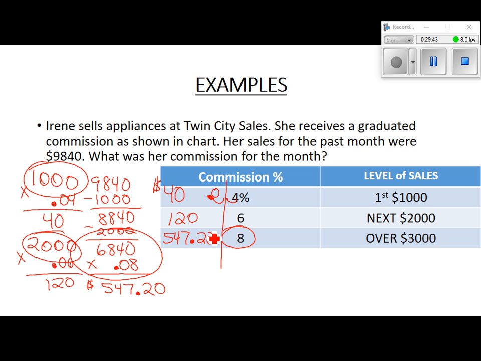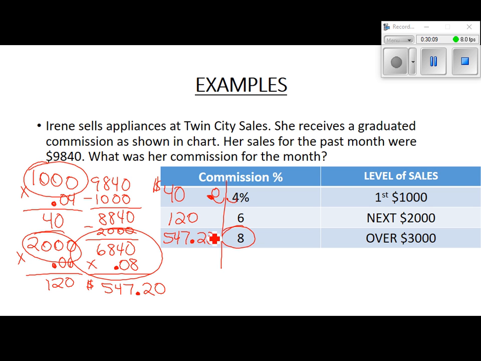You sold $1,000 worth of stuff, and they paid you $40. The second part, the next 2,000, how much did they pay you? 120. A little better, but still, for selling $3,000 worth of their stuff, you think, man, I'm doing all this work and not really going up very quick.